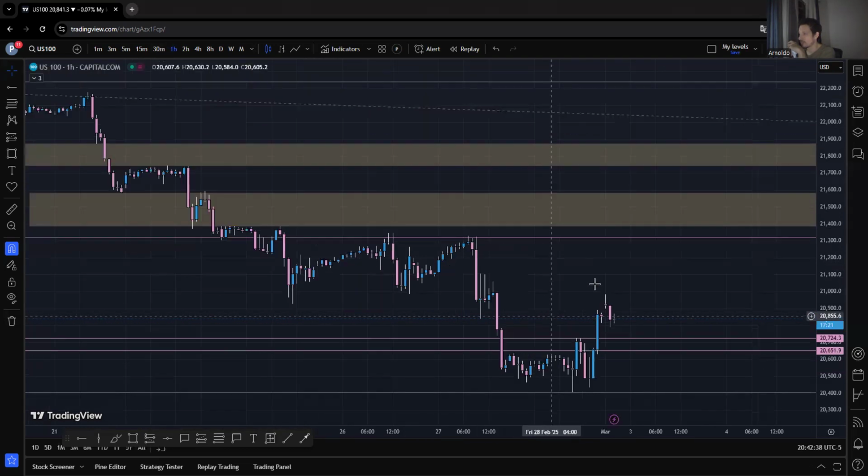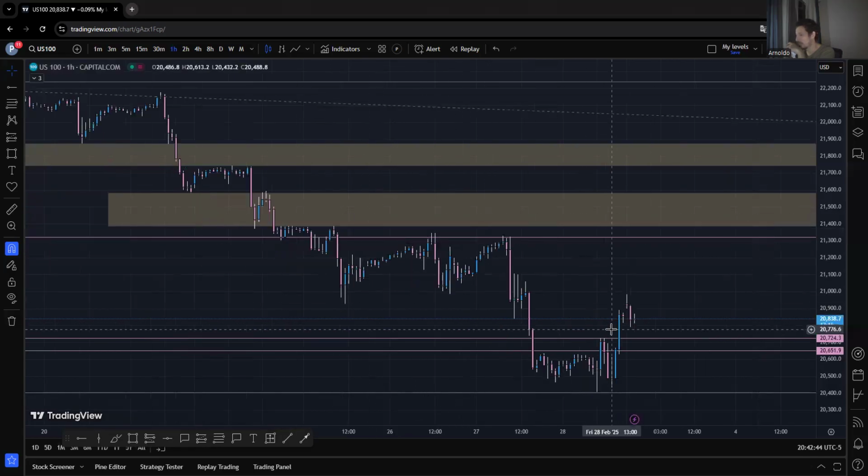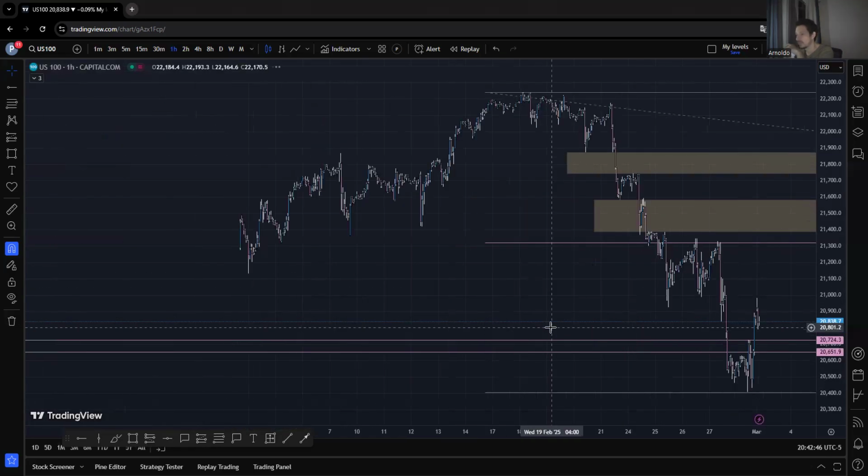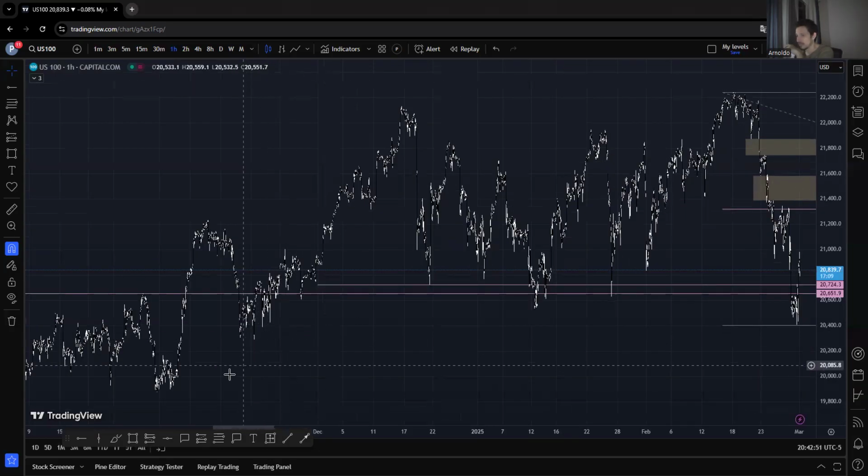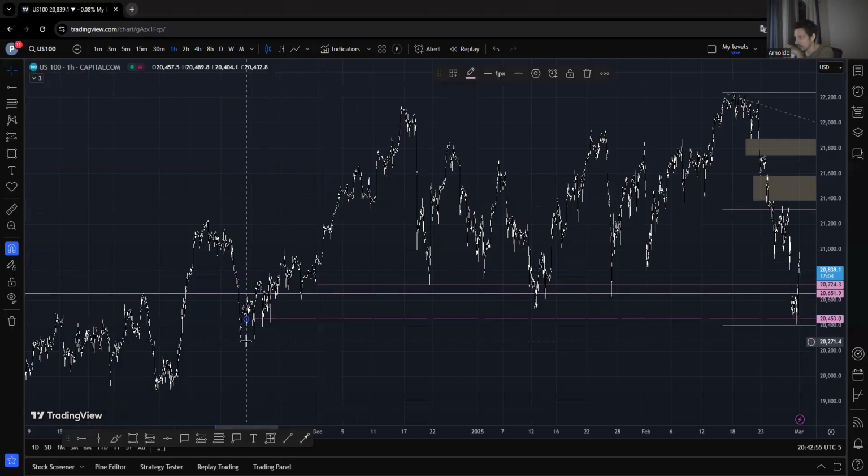So that's the 1 hour time frame. Like I said, it also looks like it could head up for those highs. If we do continue lower, then you already know these lows would be the ones that we should mark as sell side liquidity.